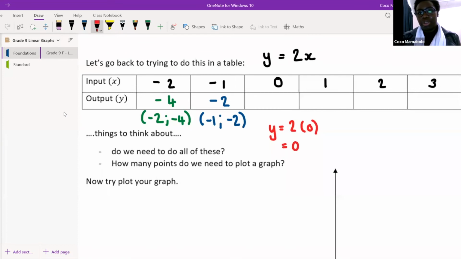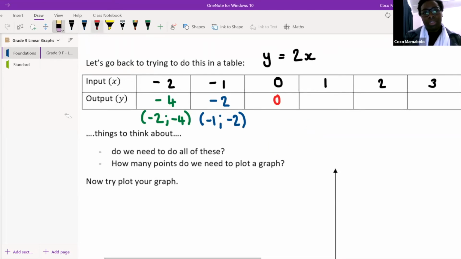Good, excellent. Can you give it to me in coordinate form? Open bracket 0 semicolon 0 close bracket. Well done, Tando. You guys are on fire.